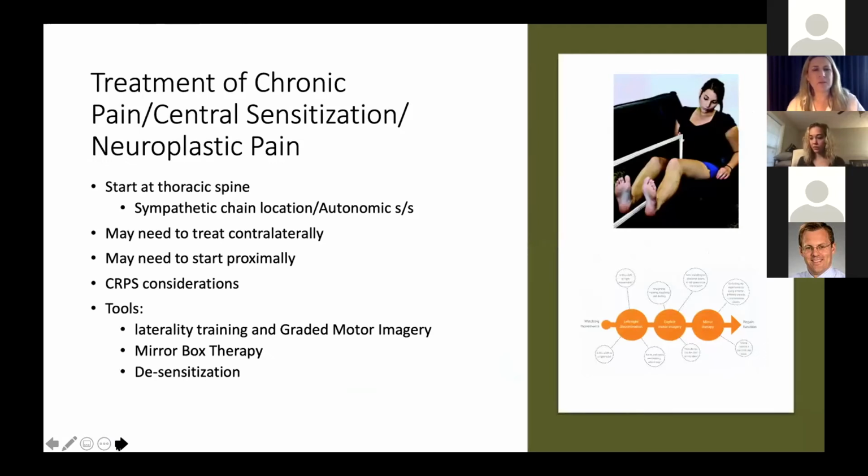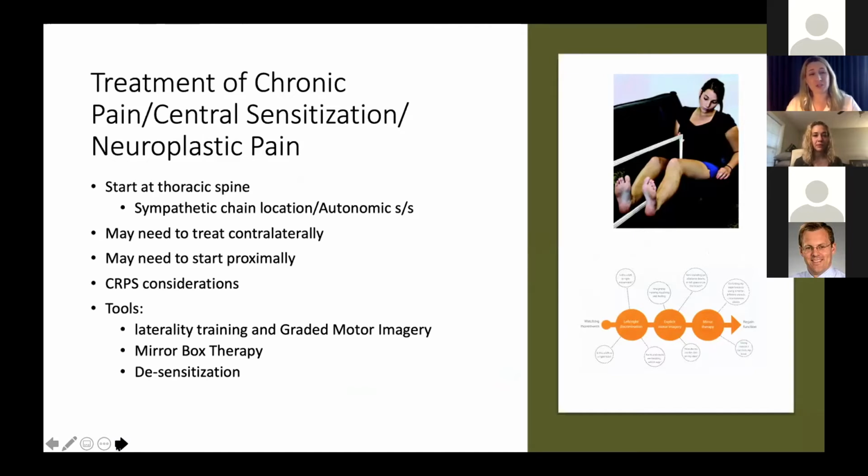So we also often need to address these patients from more of a chronic pain standpoint, looking at central sensitization and down regulating their autonomic and sympathetic responses that we often see heightened in these dancers. So again, we could do a whole weekend course just on this, but we might use tools like Emma mentioned earlier, starting at the thoracic spine.